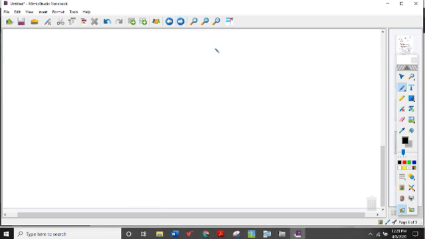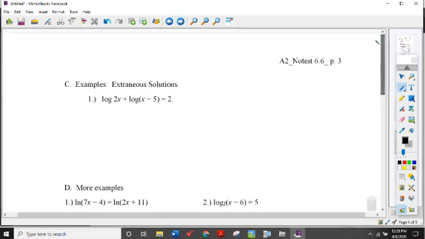All right, moving on to the next page. We have some other log problems to show. Now, if you remember extraneous solutions, what happens when we manipulate our equations, we end up solving similar equations, but that aren't exact. So we could end up with x being an extraneous solution. So log of x equals y.